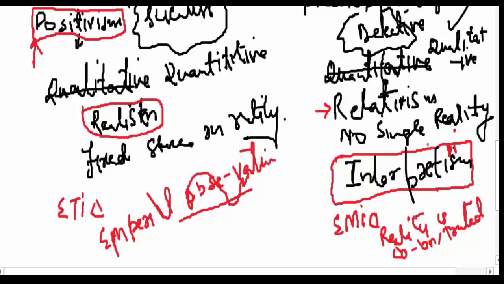It depends on the world you live in, it depends upon your perspective, it depends upon the players who interact, and the reality is not fixed. It changes. While in the case of the positivist approach, the reality is fixed.